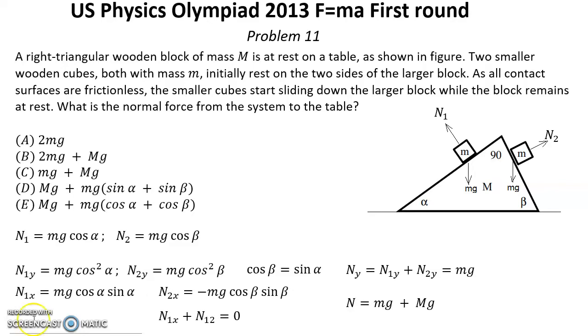The left block presses in direction x with the force mg cosine alpha sine alpha, and the right block presses with the horizontal force mg cosine beta sine beta, and because cosine alpha equals sine beta and sine beta equals cosine alpha, we have a total force equal to 0. It means that we don't even need to hold this triangle block. It will stay automatically.